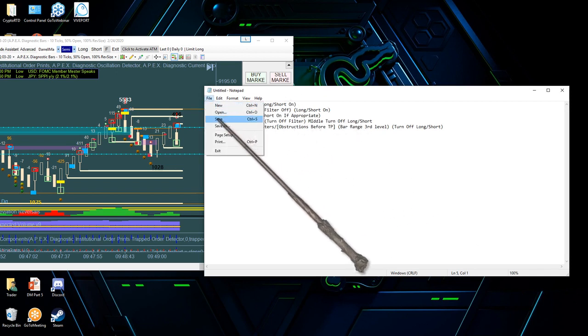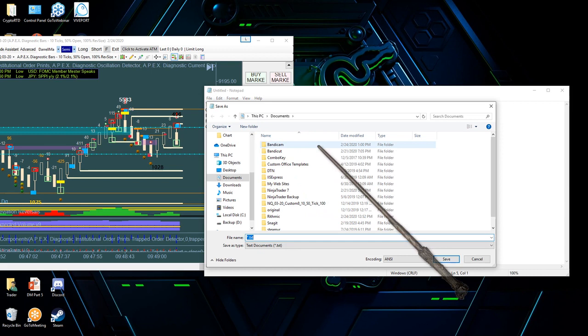Okay, so let's save this. We're going to call it the Trapped X Box Cheat Sheet.